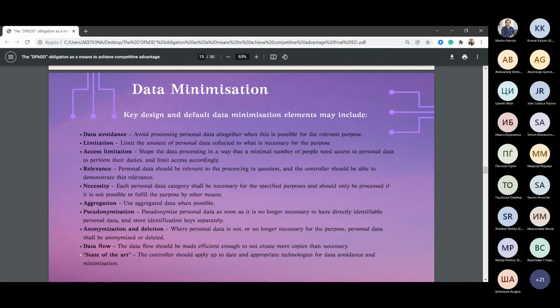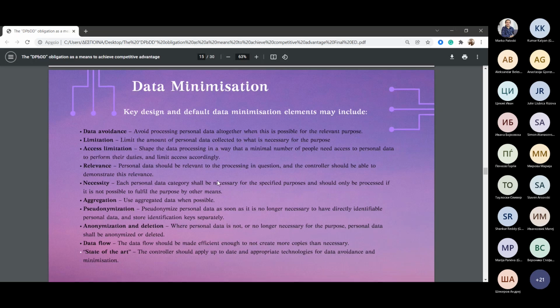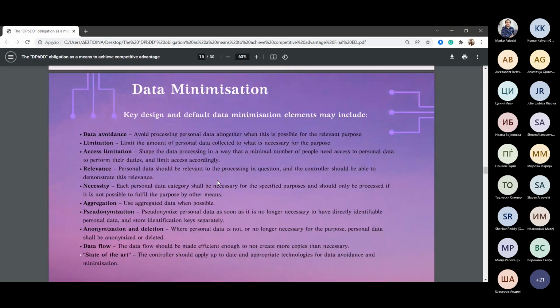Data flow, the data flow should be made efficient enough to not create more copies than necessary, and of course, state of the art. That means that the controller should apply up-to-date and appropriate technologies for data avoidance and minimization. So to sum up, let's see what data minimization is all about.